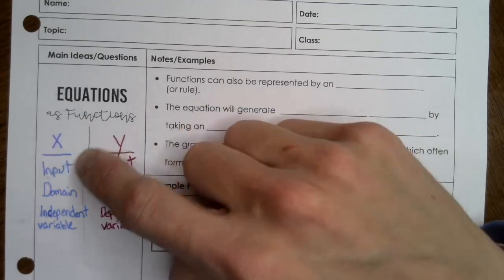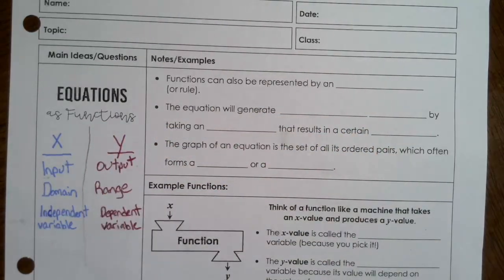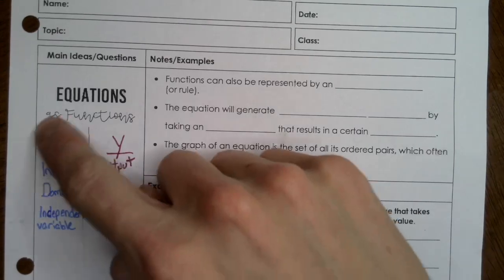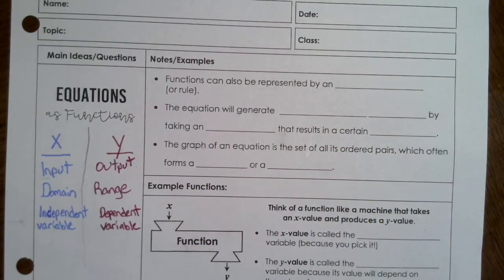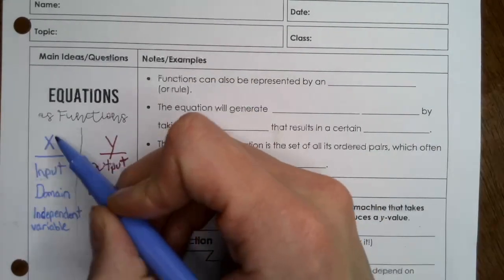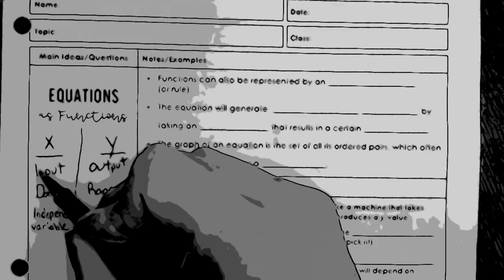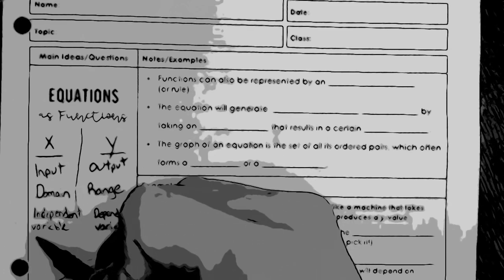Okay, so I just wanted to make sure that you had this little chart written down. I think it's helpful for us to remember that these words are all parts of individual groups, and it's important that you know the difference between those groups. So X values are always referred to as input values, domain values, or independent variables.